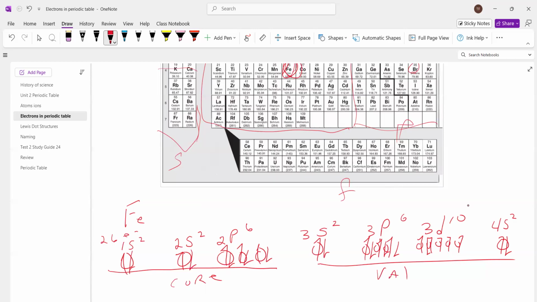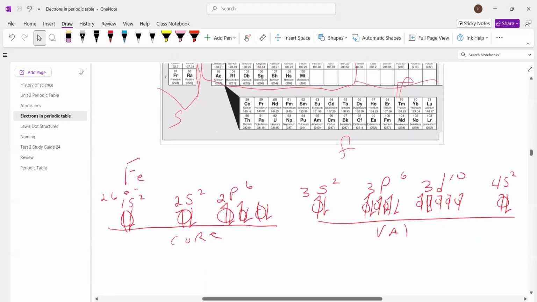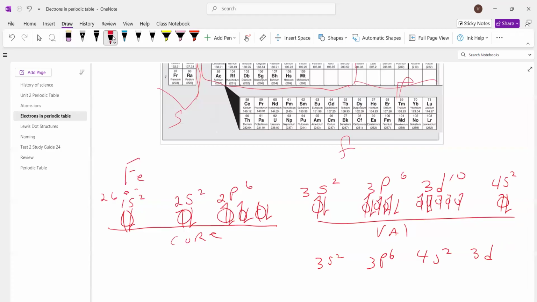So when you look up the electronic configuration for iron, it's going to look like this or that.